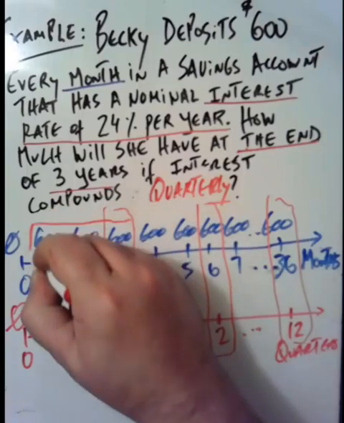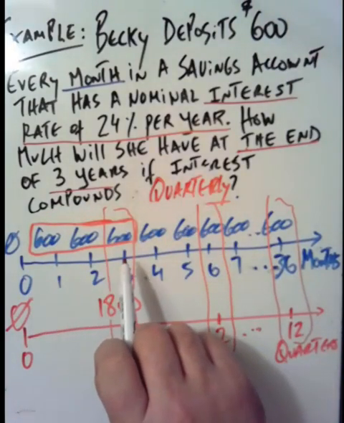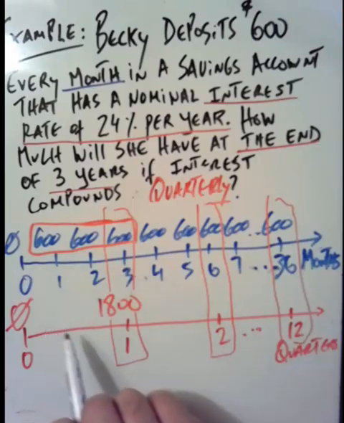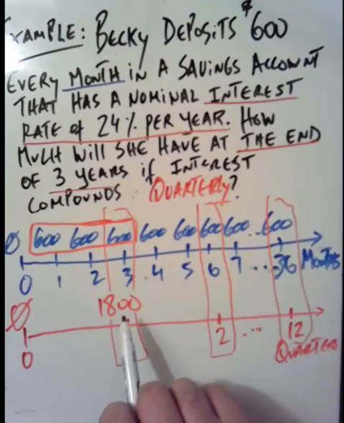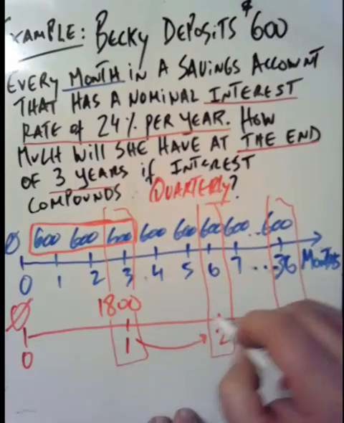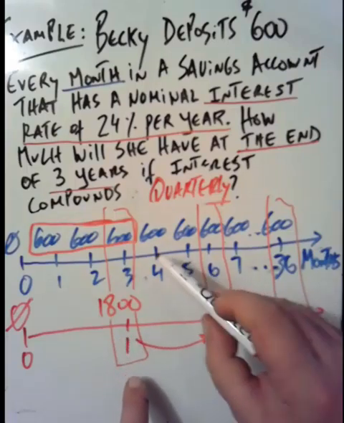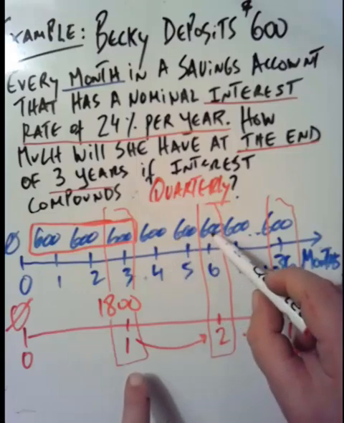She has these 3 cash flows, right? She deposits $600 per month. So at the end of the first quarter, there's going to be $1,800. These $1,800 are going to earn now interest for this quarter. In between quarters, the first and the second, she is continuing to deposit $600 every month.